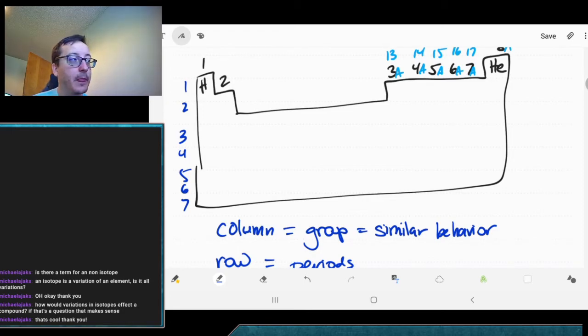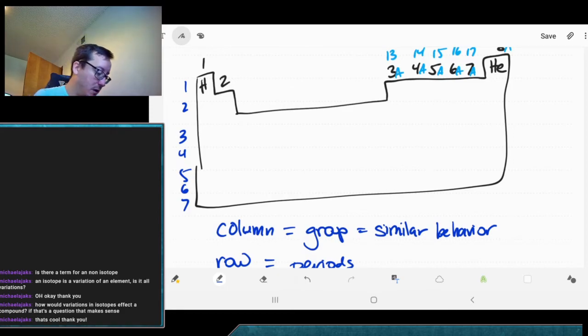So, the elements are arranged in columns and rows, right? We're going to see that things in the same column tend to behave the same way. And specifically for our purposes here, they tend to form the same charge as each other. They try to find the same charge.